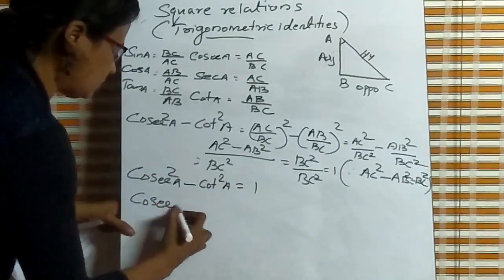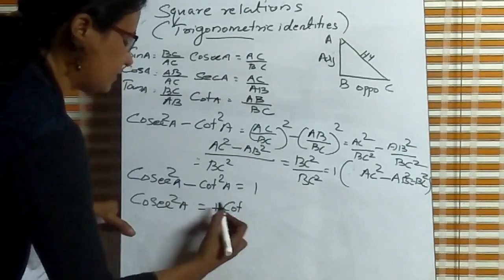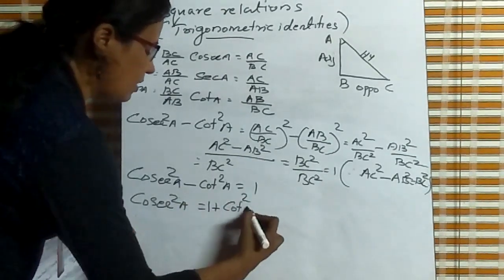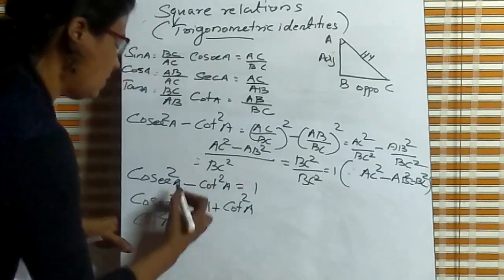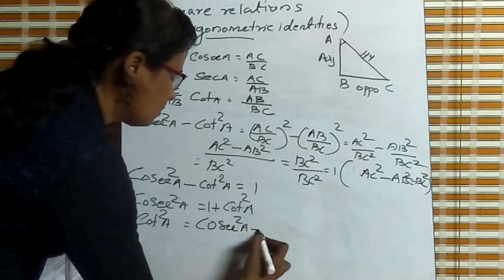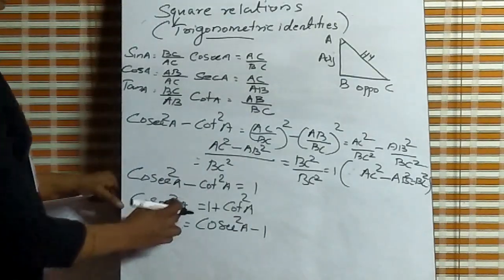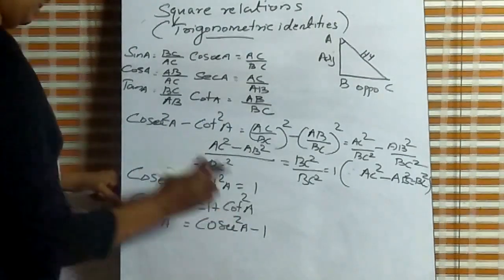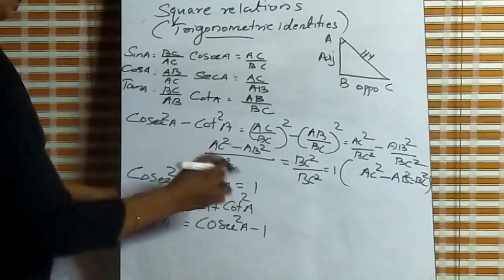Cosec square A is equal to 1 plus cot square A, and cot square A is equal to cosec square A minus 1.